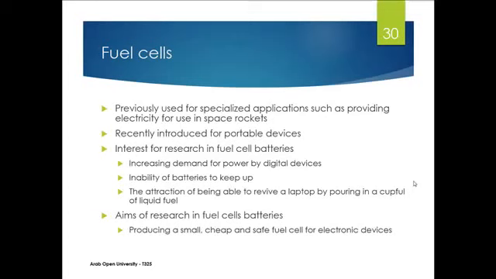The interest is mainly because of the increasing demand for power by digital devices, which batteries are not capable of keeping up with, and because of how attractive it would be to revive a laptop by putting in a cup of liquid fuel. So the aim of this research is to produce a small, cheap and safe, and we focus on the term safe, fuel cell for electronic devices.